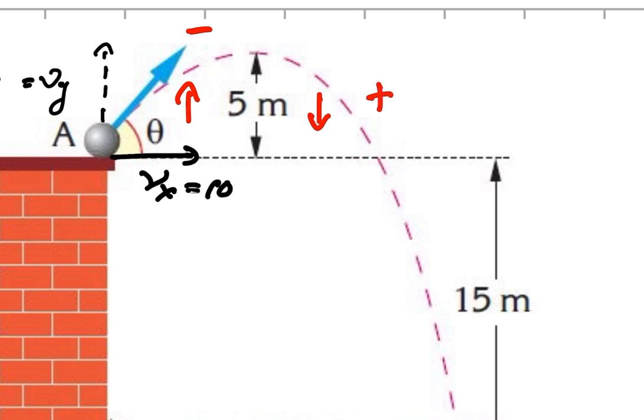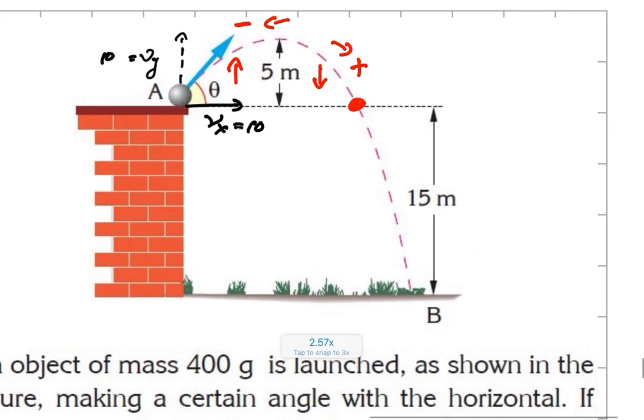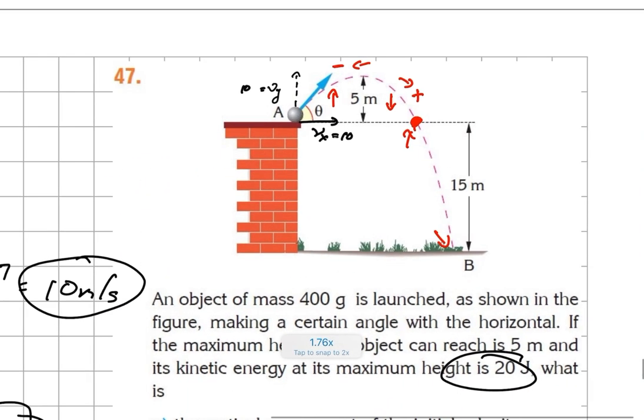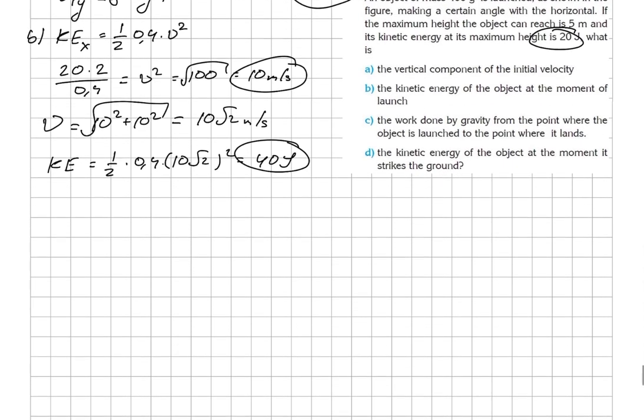So in these two cases, gravitational force does negative and positive work, and they can cancel each other. Let's define the total work done by gravitational force.